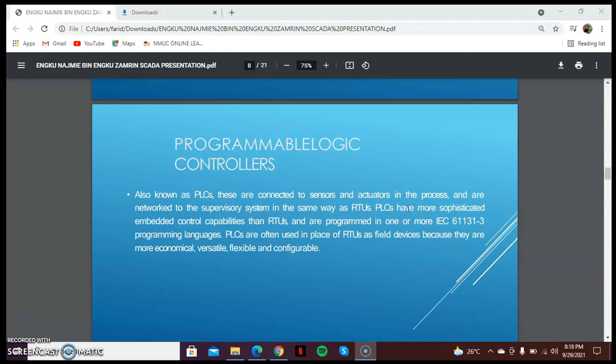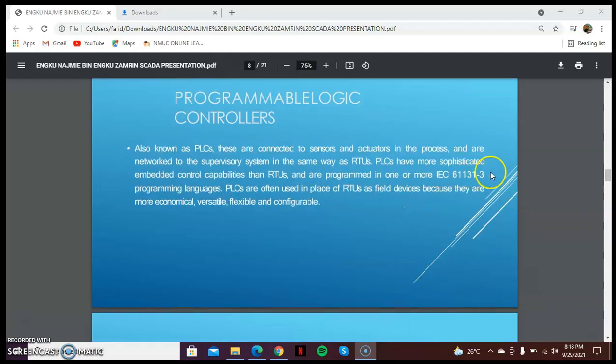But a PLC has more sophisticated embedded control capability than an RTU, and is programmed in one or more IEC 61131 programming languages. PLCs are often used in place of RTUs as field devices because they are more economical, versatile, flexible, and configurable.